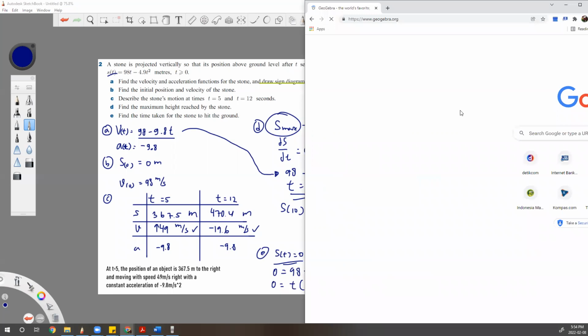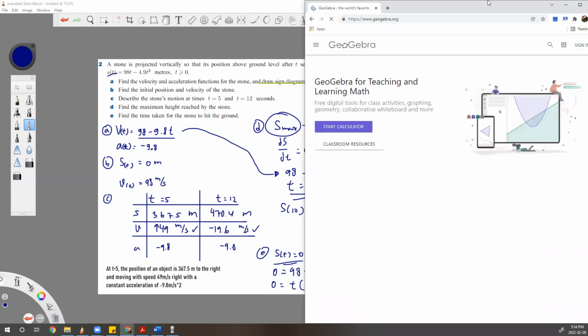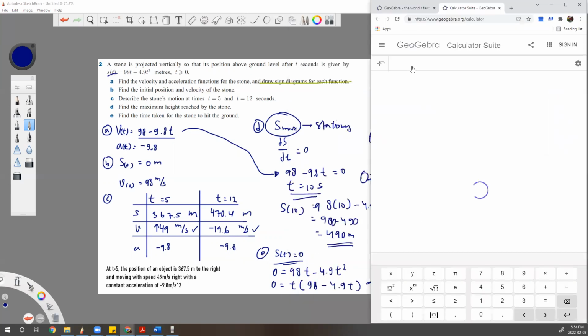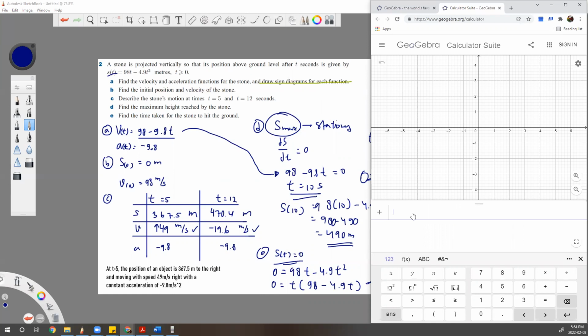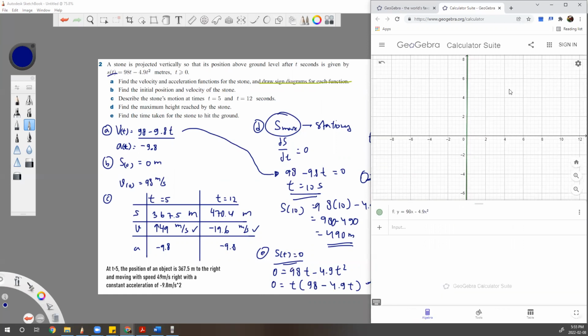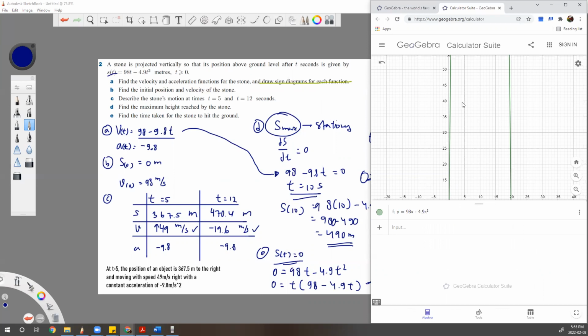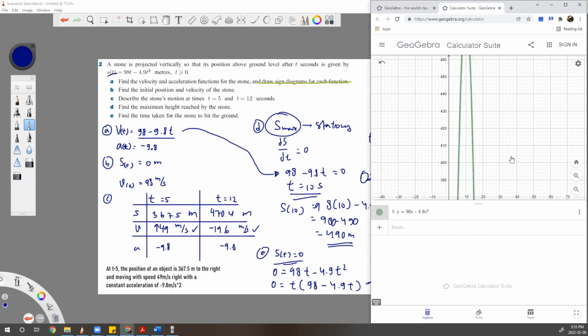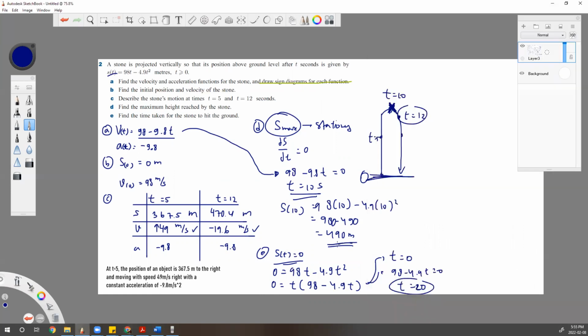So we use y and x, not s and t, because GeoGebra cannot read different variables. It cannot determine what is s, what is t. So you have to make it y equals 98x subtract 4.9x squared. The maximum point is 490, see?